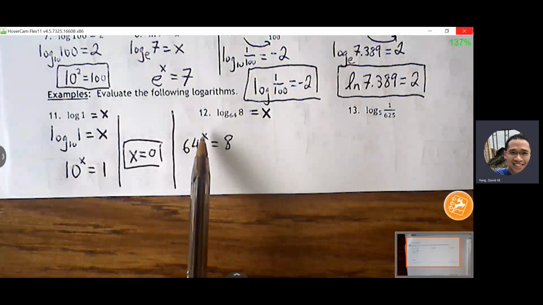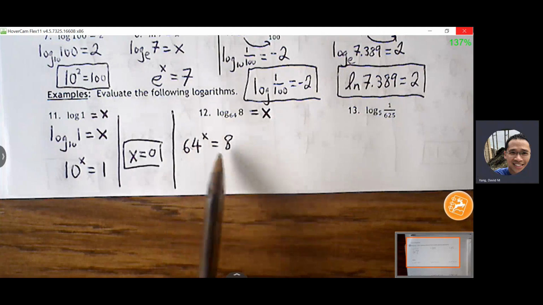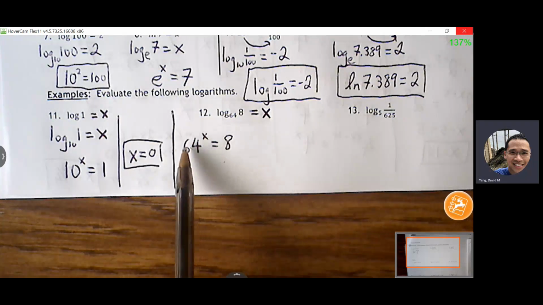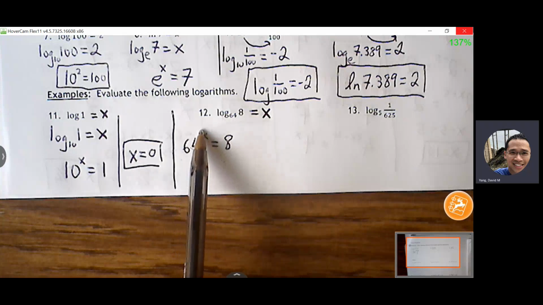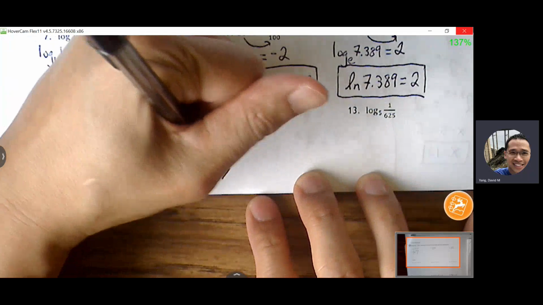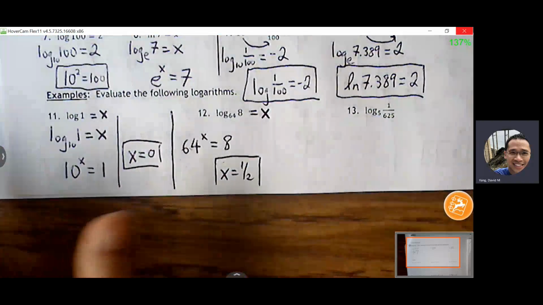Okay, this is not going to be a whole number here. What do you think the relationship is? What of 64 is equal to 8? Square root, right? The square root of 64 is 8, and square root in rational form is 1/2. So we're able to solve these problems just by the properties that we've learned from the previous section.